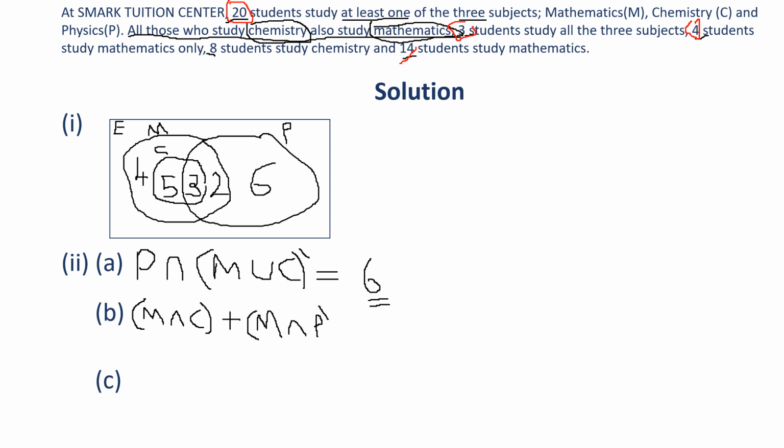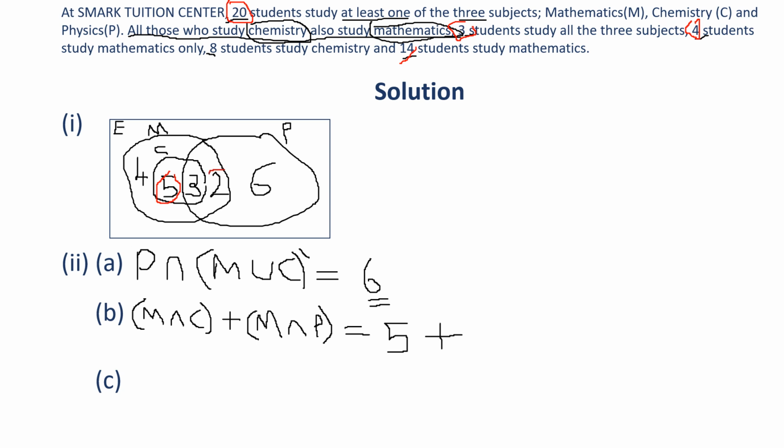Okay, mathematics intersection physics, which is equal to, for those who are studying mathematics and chemistry, it's here under the subset. So I get the 5, write 5 here, plus those who are studying mathematics and physics.